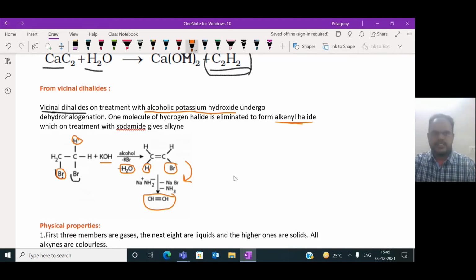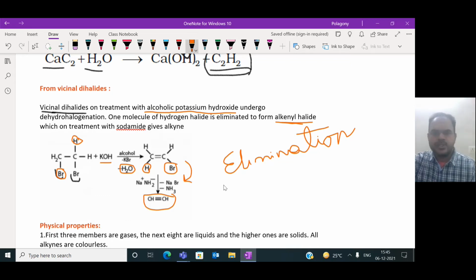This dehydrohalogenation process is an elimination reaction.